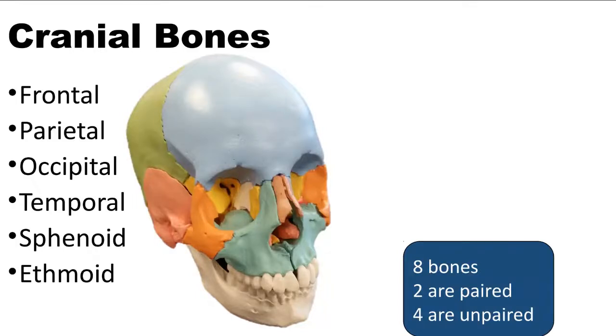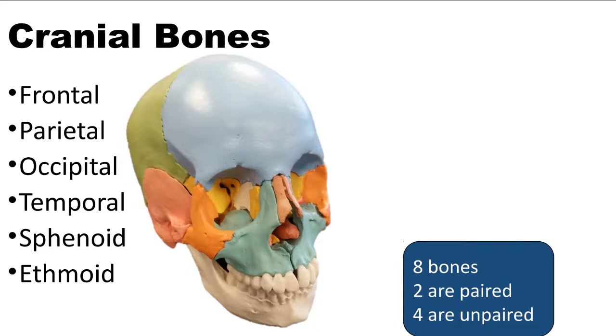The parietal bone is a paired cranial bone. The occipital bone, the temporal bone, is a paired cranial bone. There are 2, the sphenoid bone and the ethmoid bone. So there are 6 cranial bones in total.